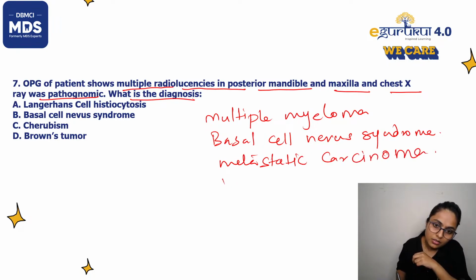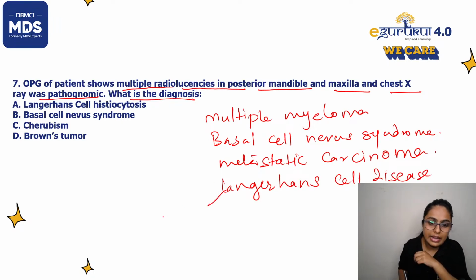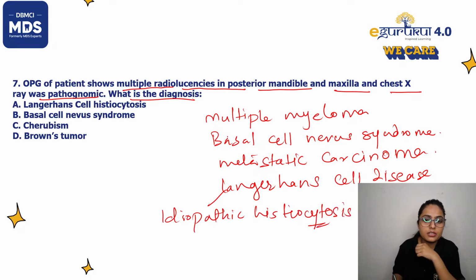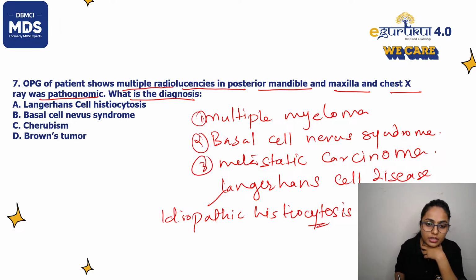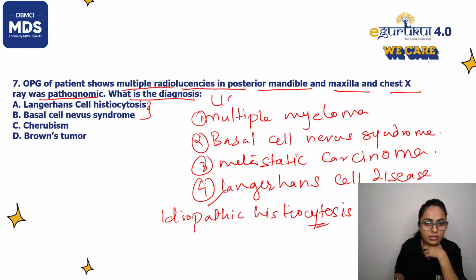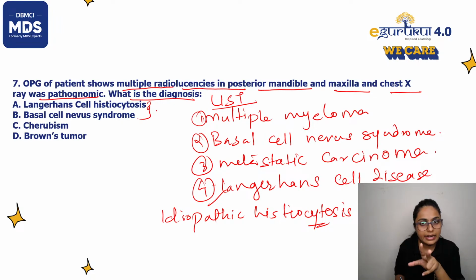Fourth is Langerhans cell disease, also called idiopathic histiocytosis. Now, if you look at the options here, you have two entities from our list. Now we have to choose the correct answer for this question.